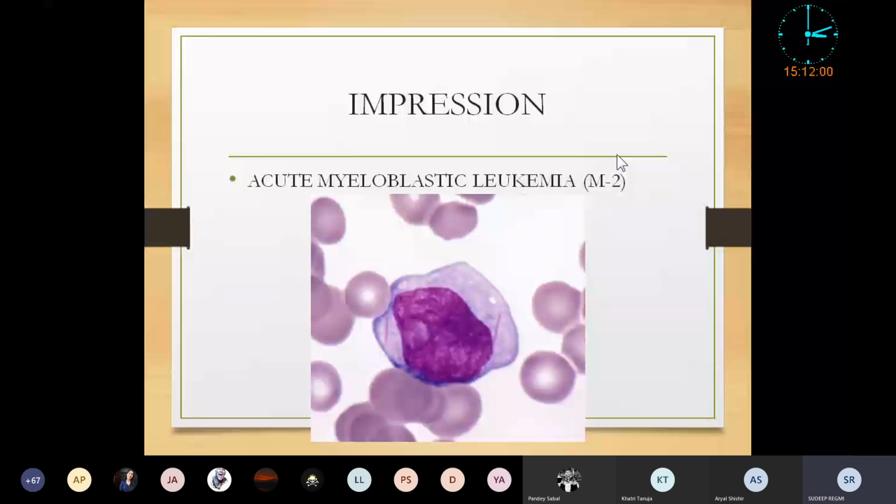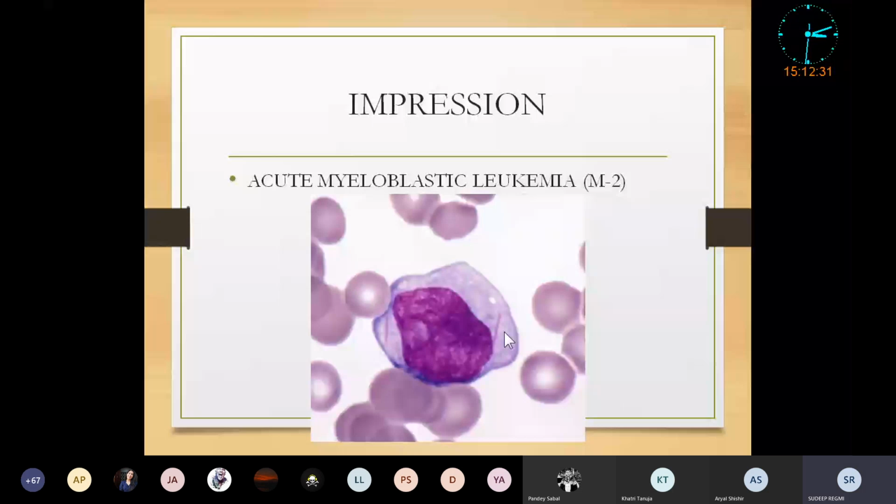But here what I wanted to show is this Auer rod. See, there are 2 Auer rods. And there is moderate amount of cytoplasm, more than that in the lymphoblast. So this is a myeloblast. Whenever there is presence of an Auer rod, then that is for sure a myeloblast.